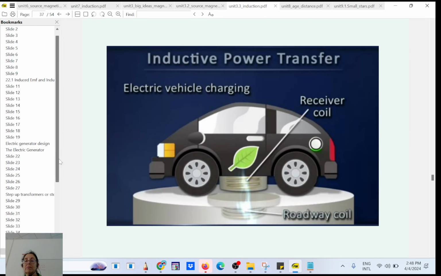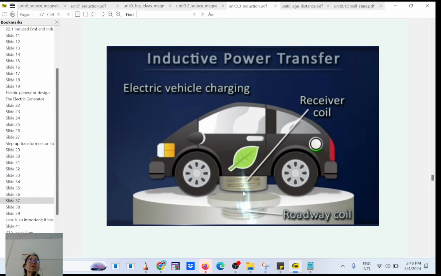So this, I don't think it exists. It's just a prototype for electric cars that you could be charging, for example, just standing on a station. And here you have a huge coil, and then you can charge your car. So you see, you can induce electricity in this coil.